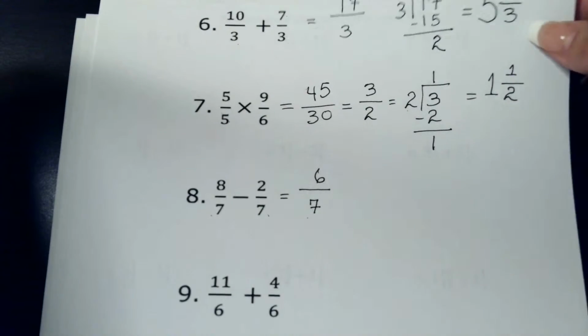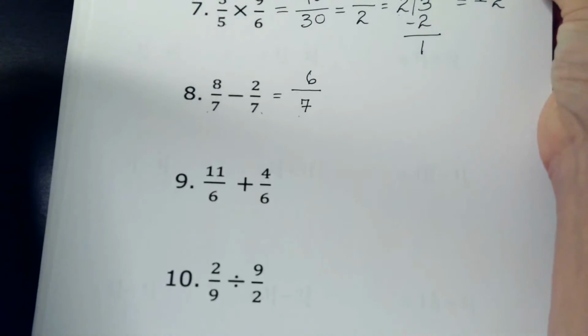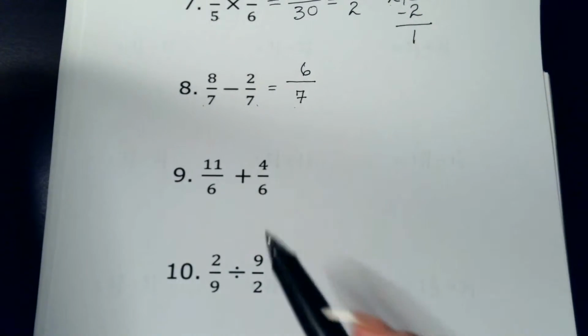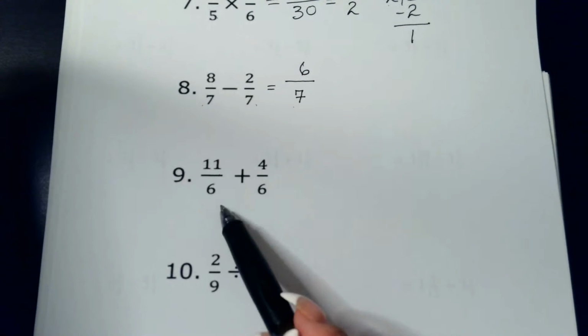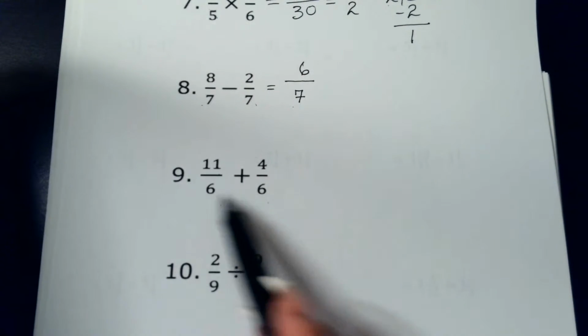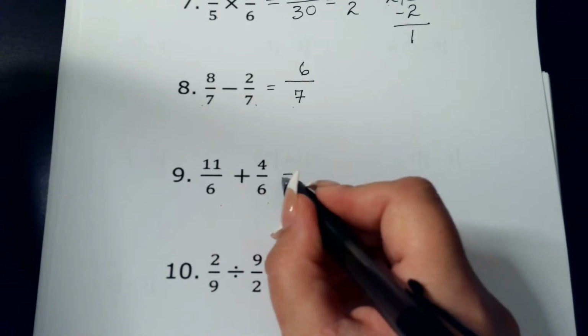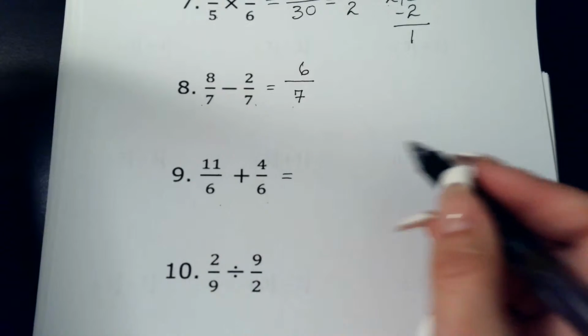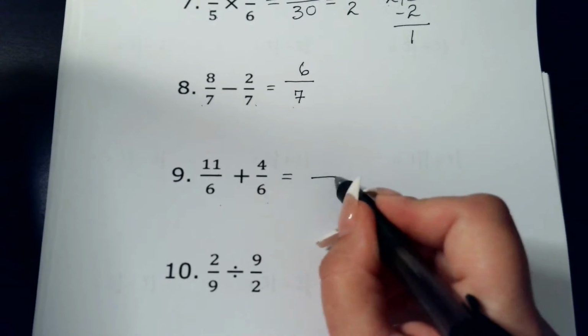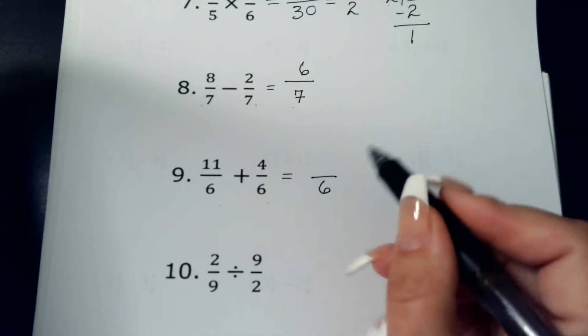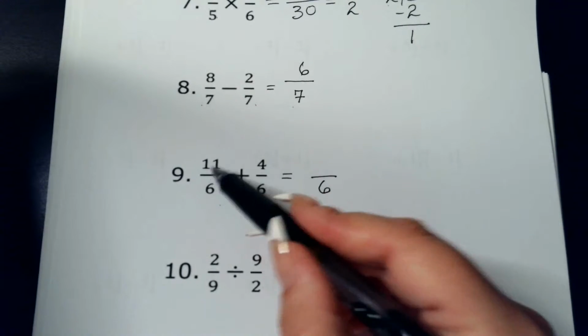All right, number 9. So in number 9, we have 11 over 6 and 4 over 6. Again, it's an addition problem and the denominators match, so we don't need to do any type of conversion there. Our denominator remains the same as 6, and we only add the numerators.